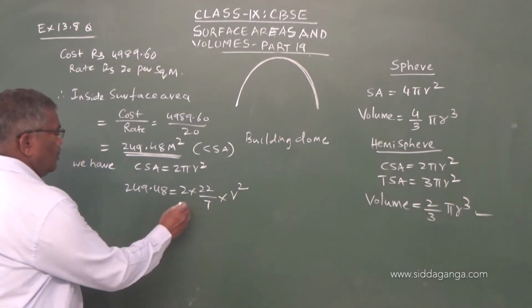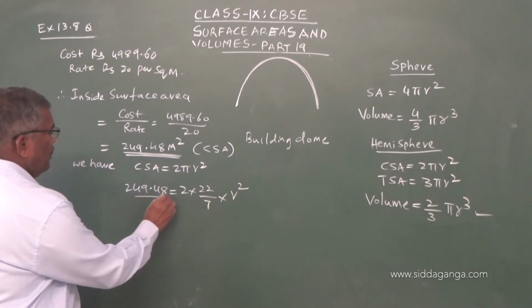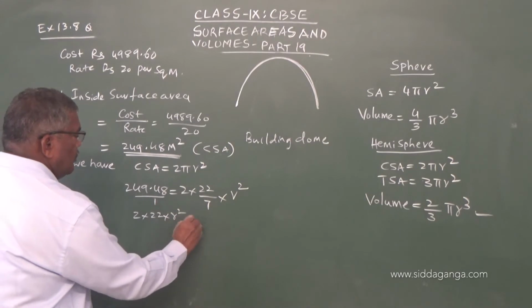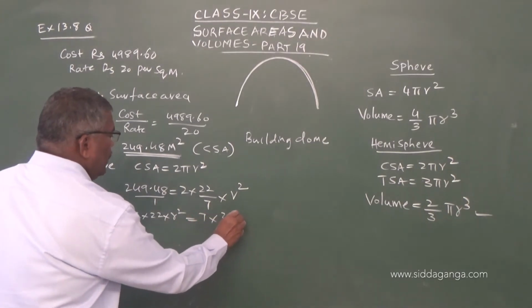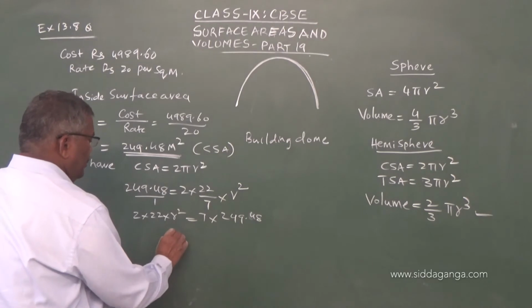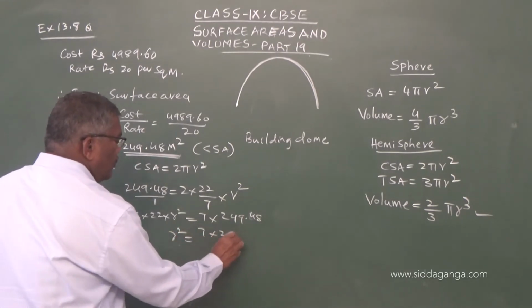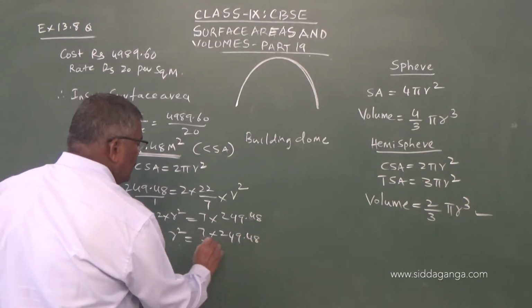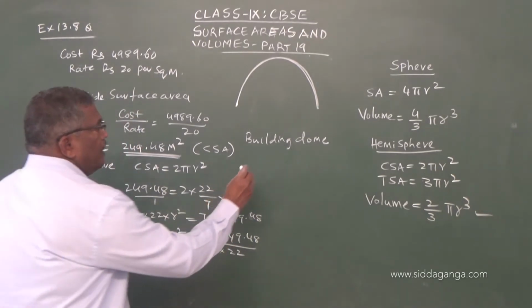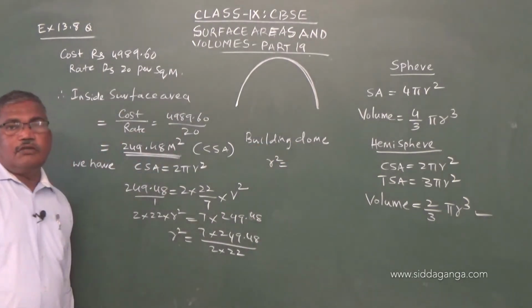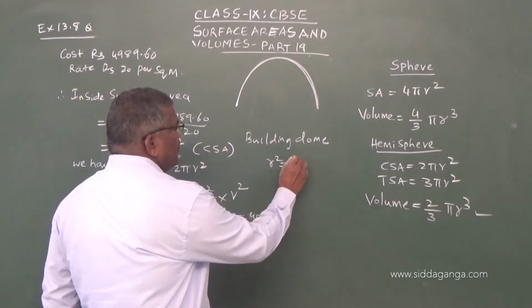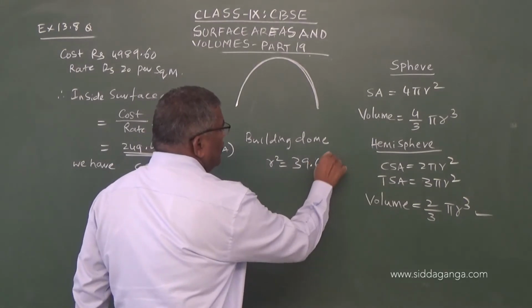Cross multiply: 2 into 22 into r square equals 7 into 249.48, so r square equals 7 into 249.48 divided by 2 into 22, or r square equals 39.69.